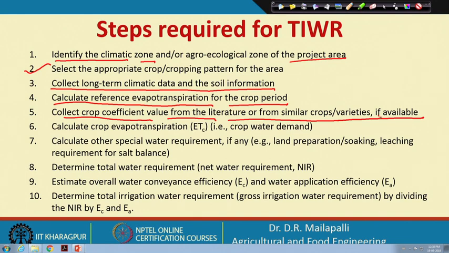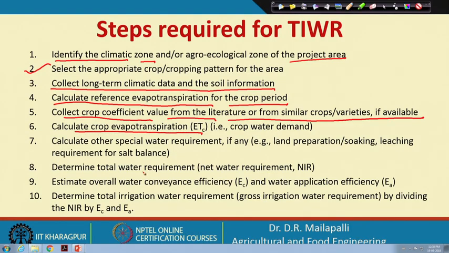So, once you estimate the reference evapotranspiration for that particular area, then what else you require is your crop coefficient. You multiply it with the reference evapotranspiration, and then you get the crop evapotranspiration, ETC.